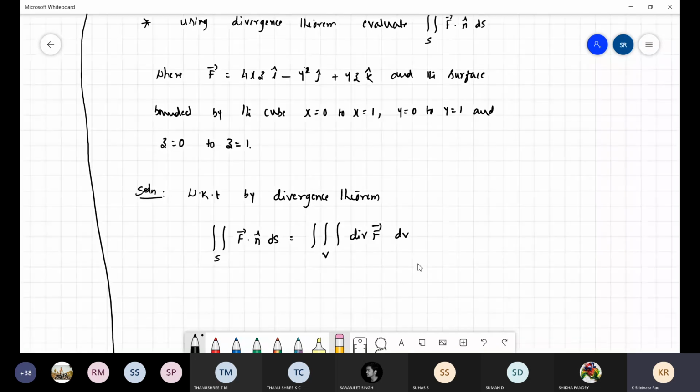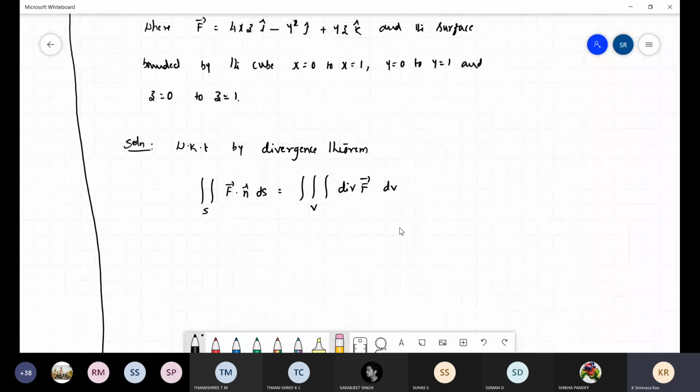Okay, so calculate div f now. What is f given? Given f equals 4xz i cap minus y square j cap plus yz k cap.